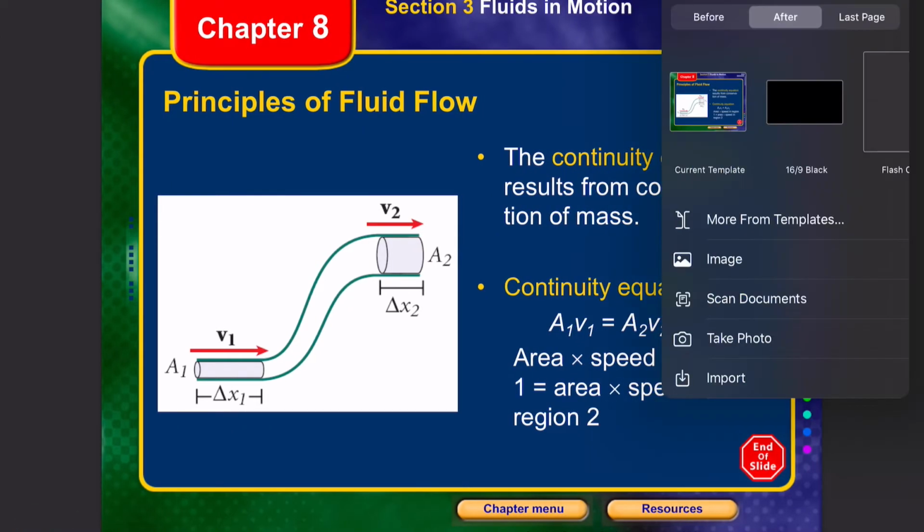So let's take the first one, the principle of continuity. Let's take into consideration a pipe going from one point to another point. Let's call these point 1 and point 2.